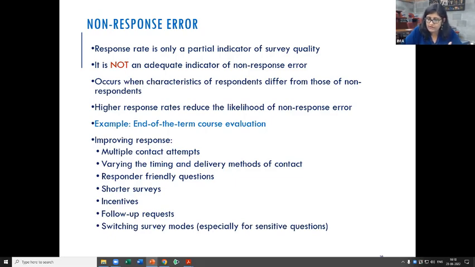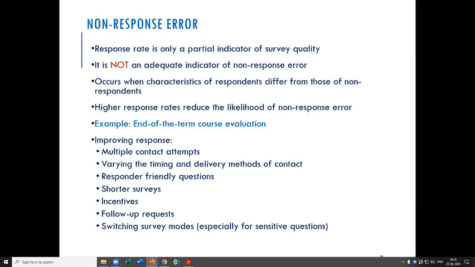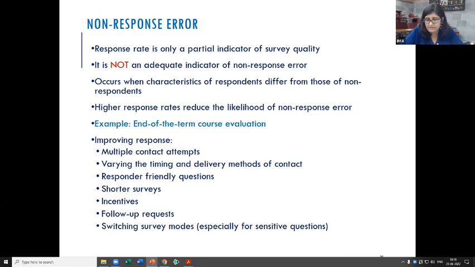It's the same thing for the reviews you see in Amazon or Myntra. You'll see some people just loved it, and most people either loved it or hated it. Because if you are in the middle, then there's no enough incentive to fill out the survey. So when the respondents differ from the non-respondents, that is when you get a non-response error.